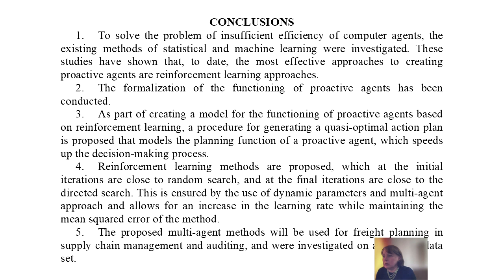Reinforcement learning methods are proposed, which at the initial iterations are close to random search and at the final iterations are close to directed search. This is ensured by the use of dynamic parameters and the multi-agent approach and allows for an increase in the learning rate while maintaining the mean square error of the method.